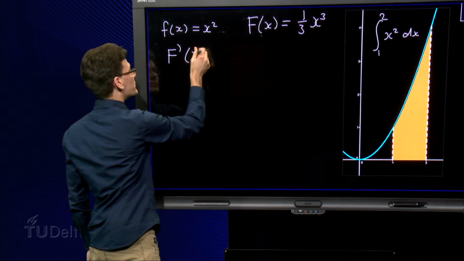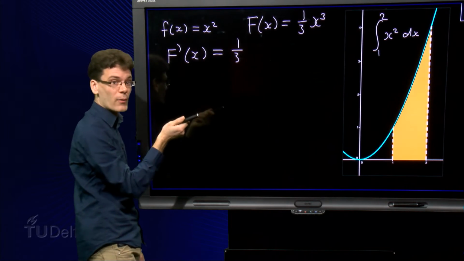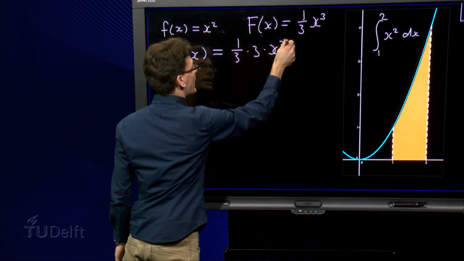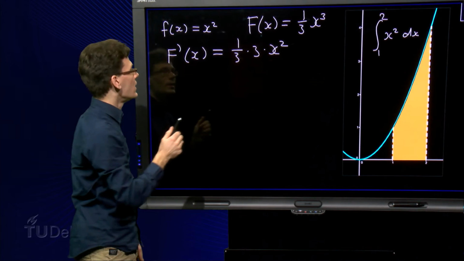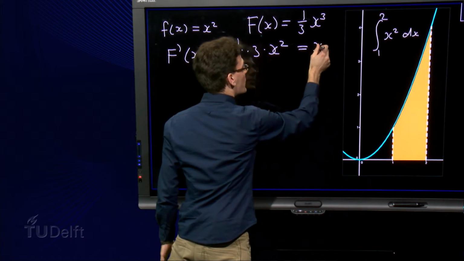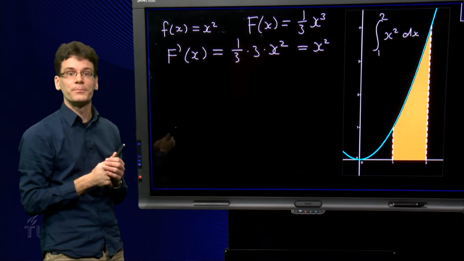F prime of x equals 1/3, and then we use the power law, times 3 times x squared. The prefactors cancel, and we are left with x squared, which is indeed our original function.